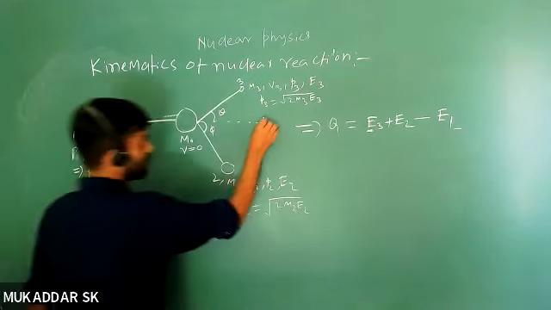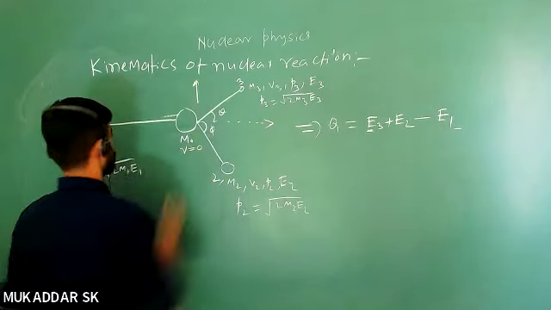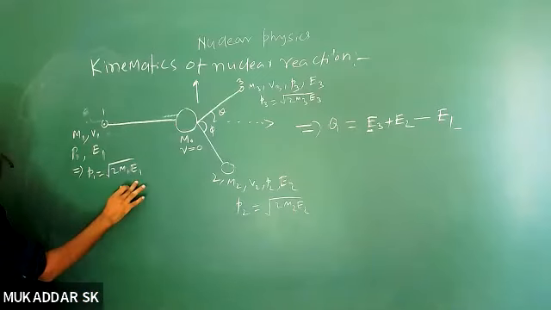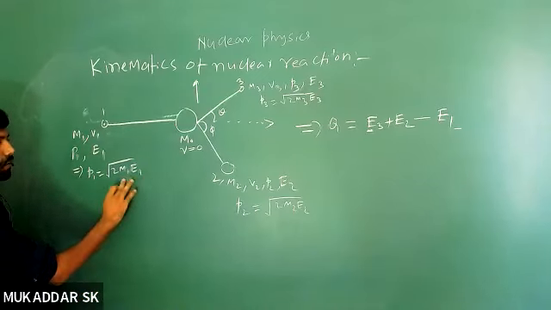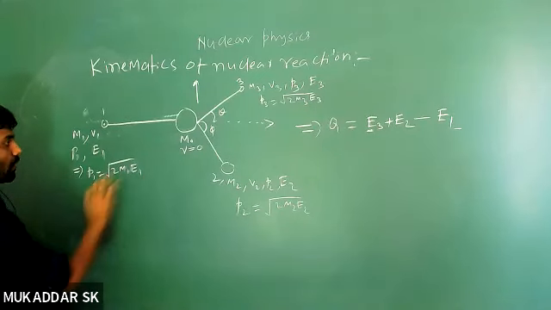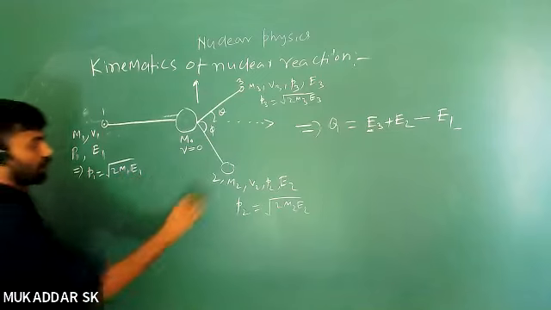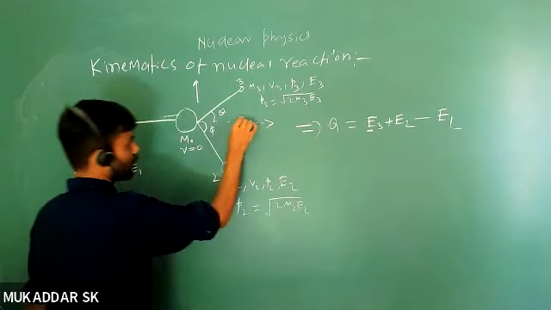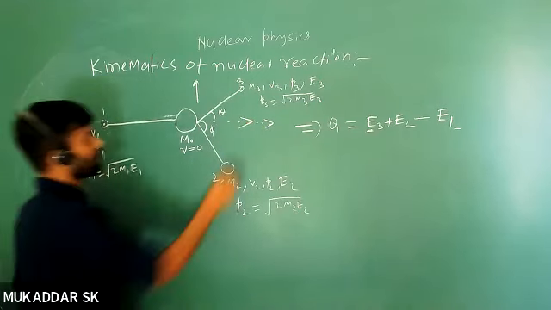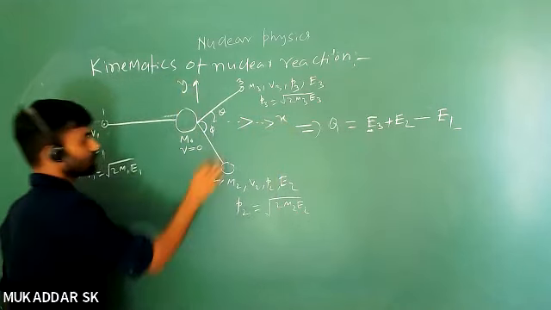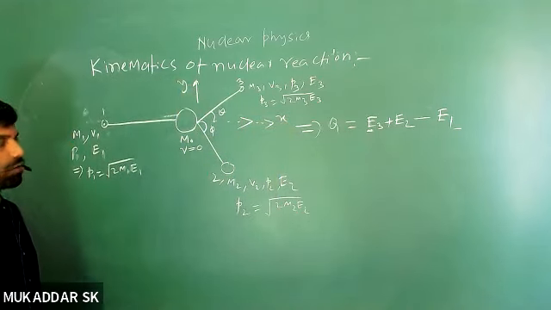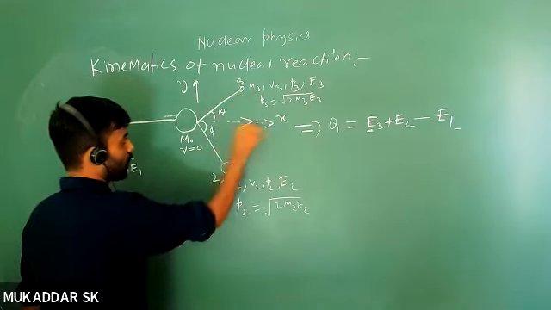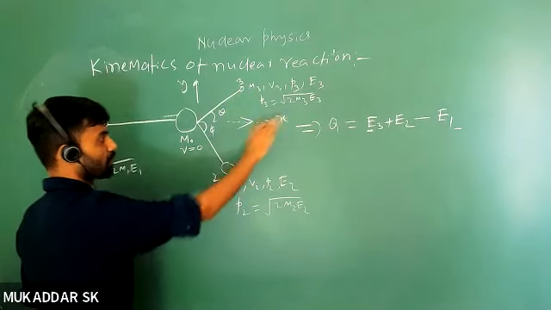Let us denote this as your x-axis and this as your y-axis. Before reaction, the linear momentum along the x-axis is root over twice m1 E1. After reaction, since particle 2 is at angle phi, its component along the x-axis will be root over twice m2 E2 cos phi. And for the third particle, that component along this axis will simply be the cos component.